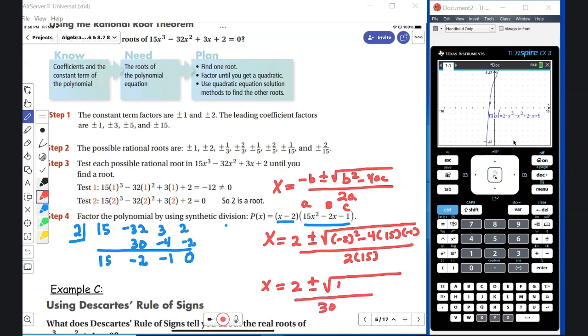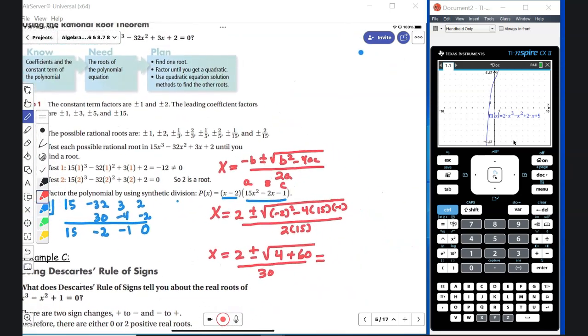Negative 2 squared is 4. 4 times 15 is 60, times negative 1 times negative 4 gives you plus 60. I'm going to go ahead and simplify.